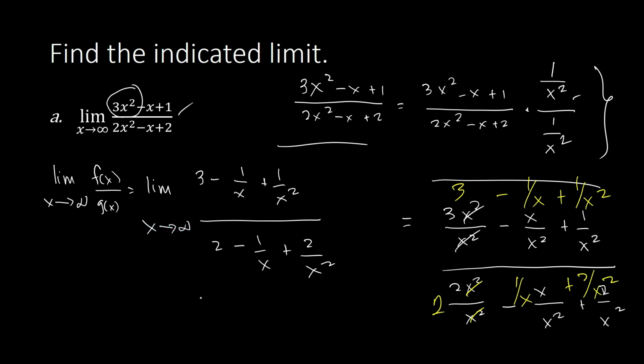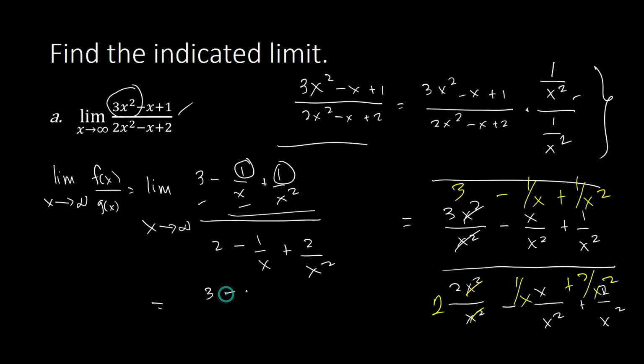What is the limit of 3 as x approaches infinity? That's just 3. And for the terms with constant numerators over x, the limit as x approaches infinity is 0. Try dividing 1 by infinity and that will give you 0.